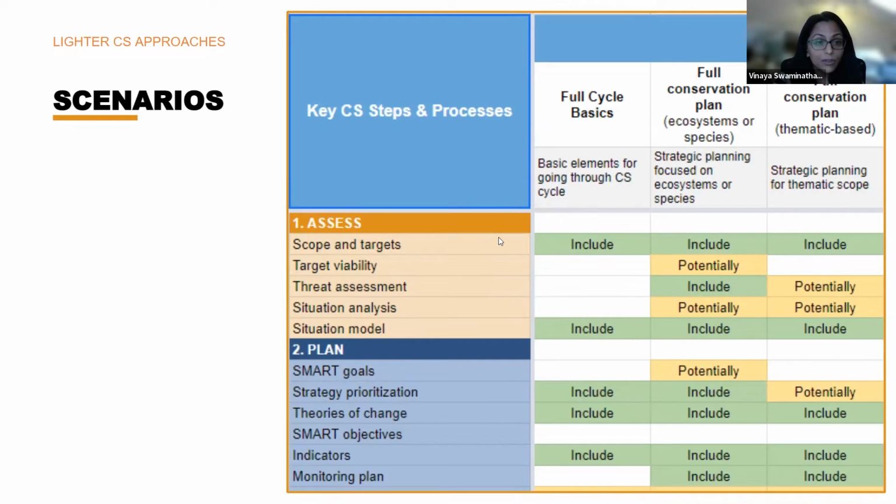And we've noted in green which substeps are relevant for the different scenarios, and in yellow which substeps are potentially relevant for certain scenarios. So basically this helps a team see in a quick snapshot that not all substeps are relevant for each of the scenarios. And in some cases, certain steps may not be as useful or even relevant, depending on what scenario a team finds themselves in.